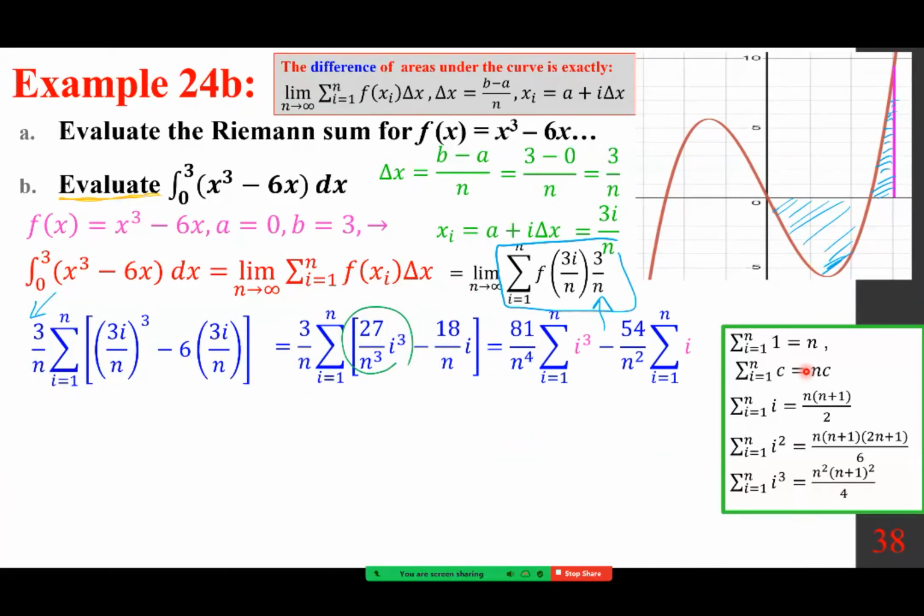Again, take a look at here. We want to have 1 or i or i squared or i cubed, because this summation, we know the answer. We are going to replace this summation with n squared times n plus 1 quantity squared over 4. And this summation, we are going to replace with n times n plus 1 over 2.